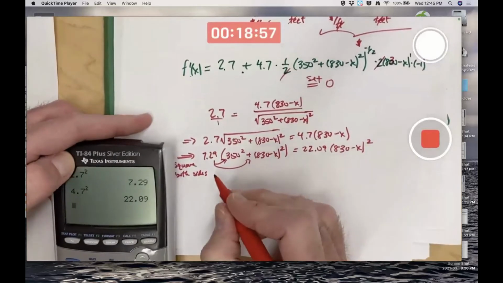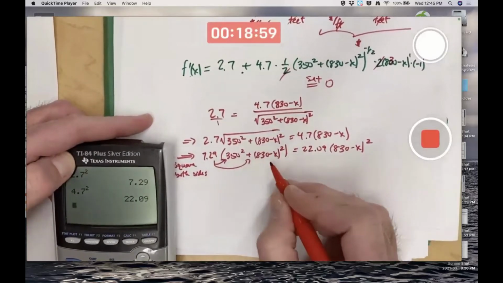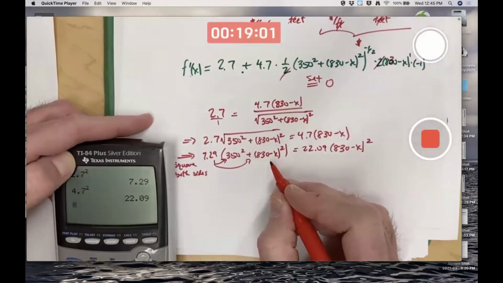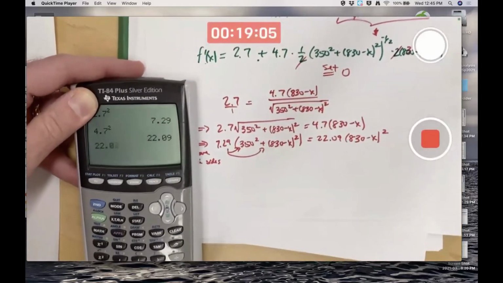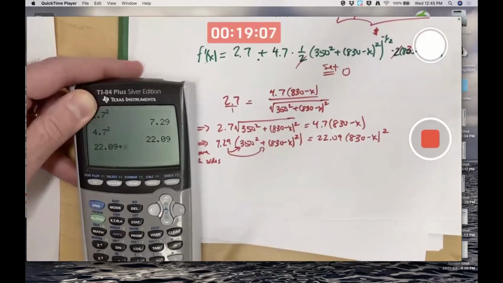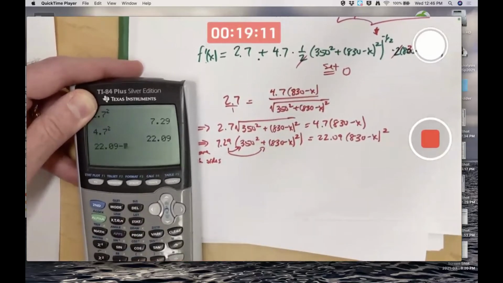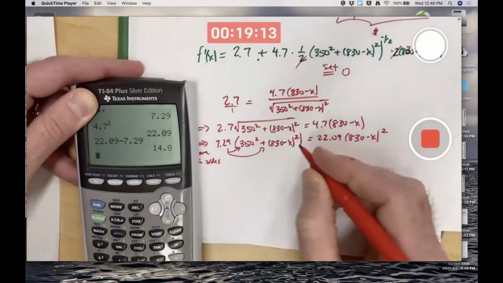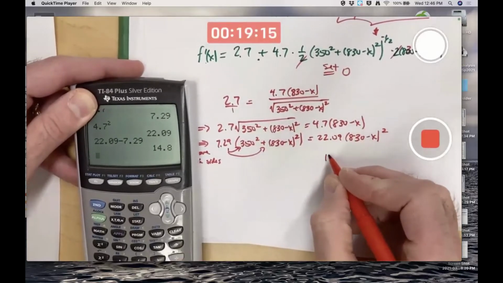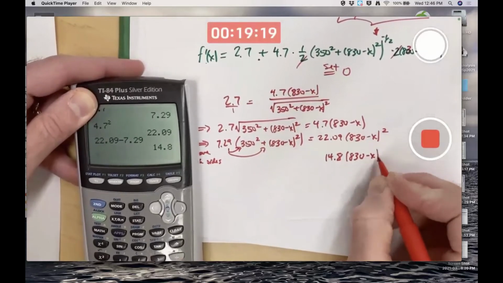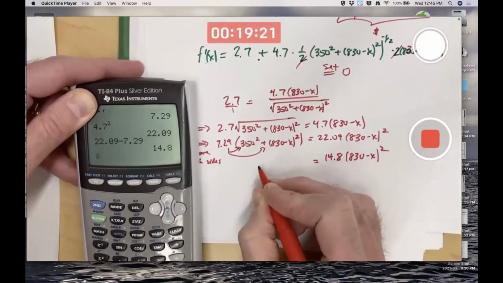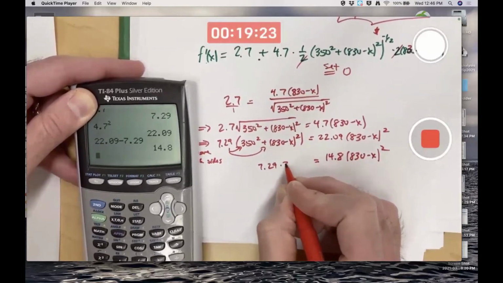If I subtract 7.29 times 830 minus x quantity squared from both sides, it'll cancel on the left, and 22.09 minus 7.29 is 14.8. I'll get a 14.8 times 830 minus x quantity squared on this side, and on the left side I'll have the 7.29 times 350 squared.